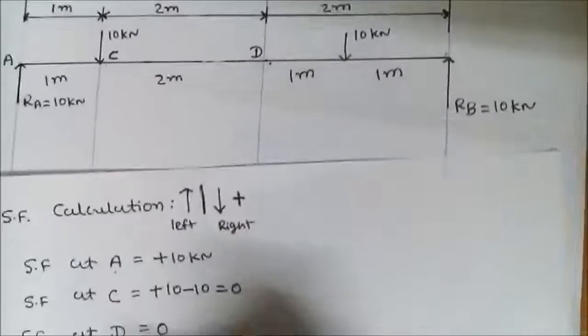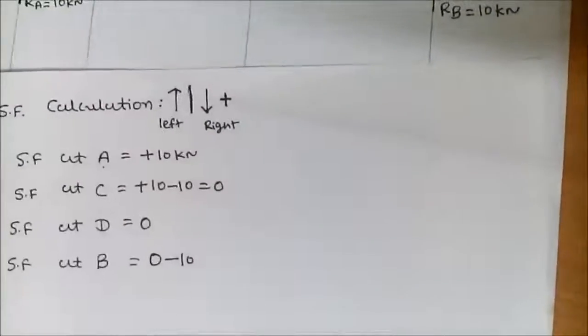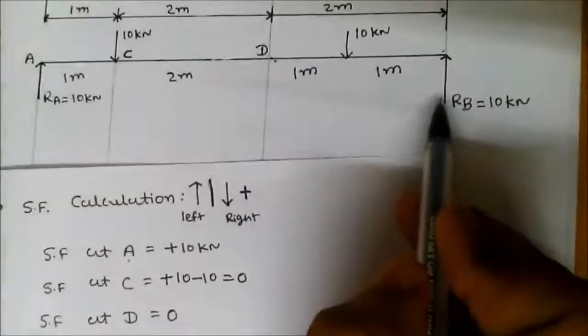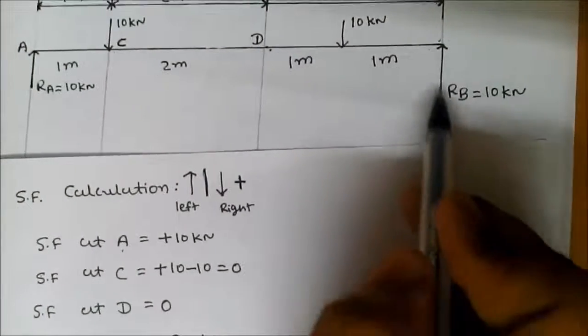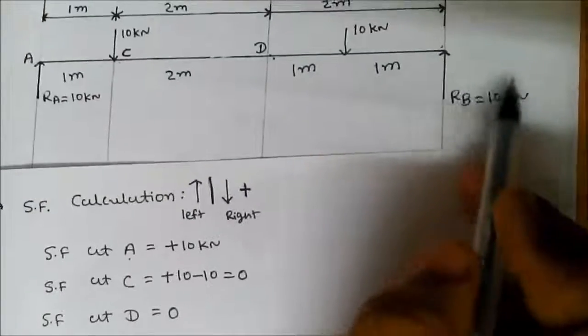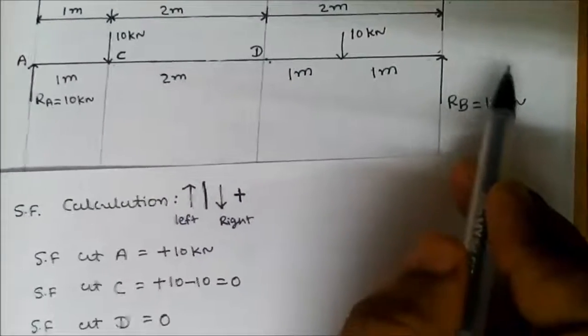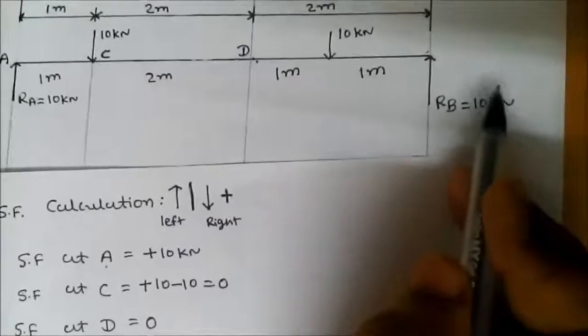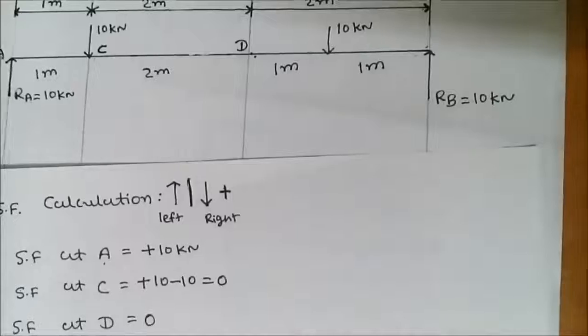So minus 10, and at point B there is 10 kilonewton force acting. But in example this force is not considered, but adding this value our answer must be 0.